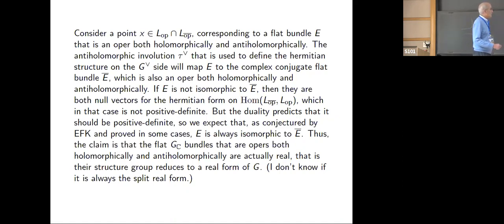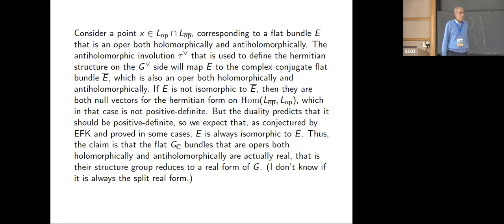If E isn't isomorphic to E bar, you can show they're both null vectors for the Hermitian form, which in that case isn't positive definite. But the duality predicts it should be positive. So we expect that, as in one of the conjectures of Etingof, Frenkel, and Kazhdan, E is always isomorphic to E bar.